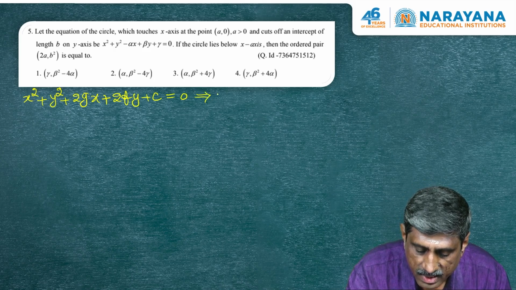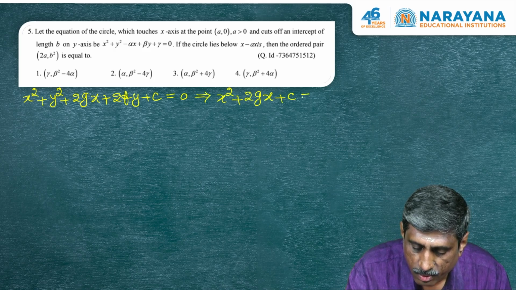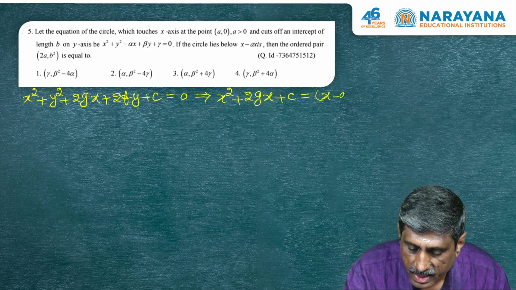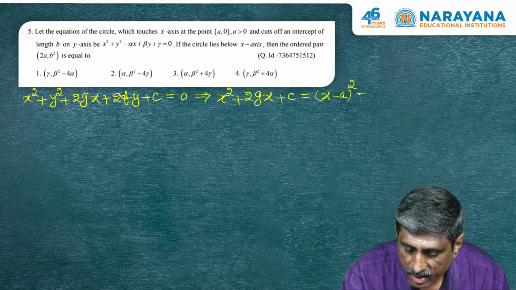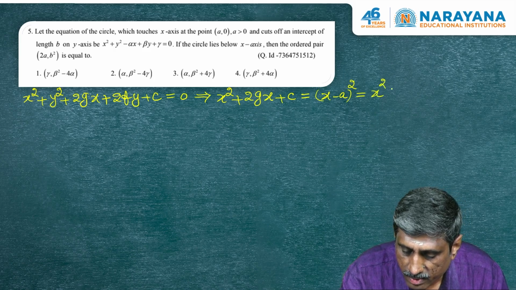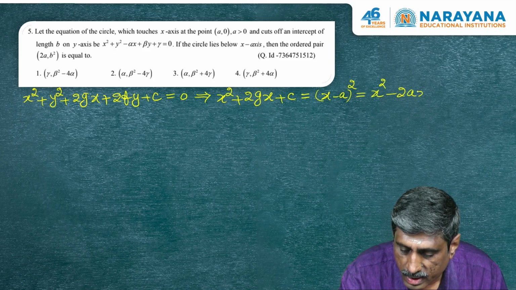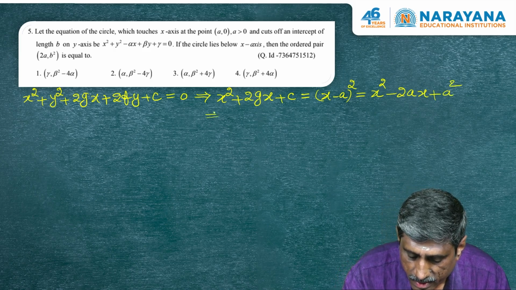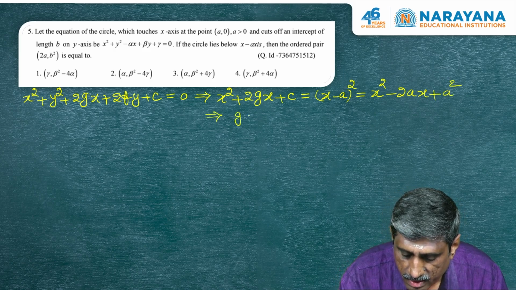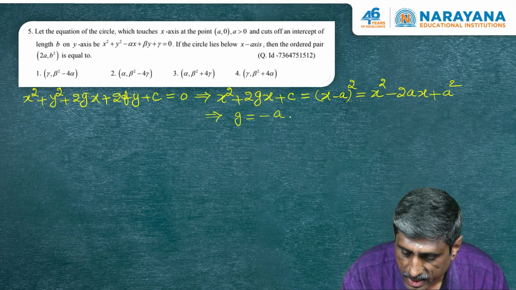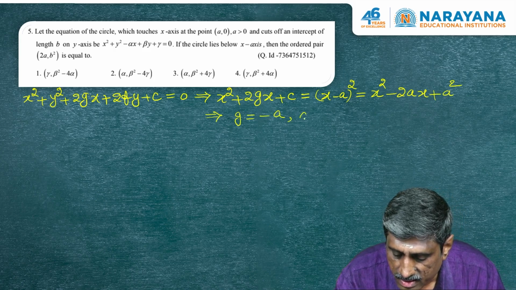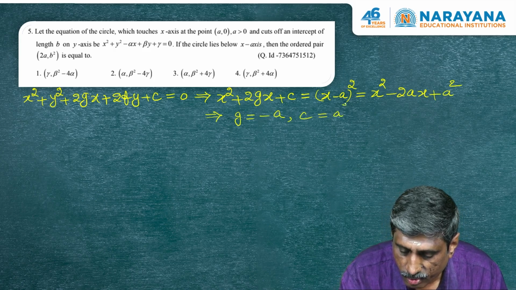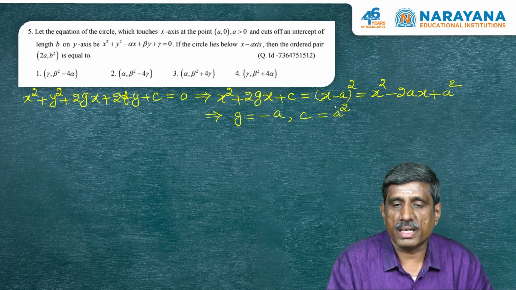So, x square plus 2gx plus c will be equal to (x minus a) the whole square, which is x square minus 2ax plus a square. On simplification, we get g is equal to minus a and c is equal to a square. So, this is the first relation we are getting.